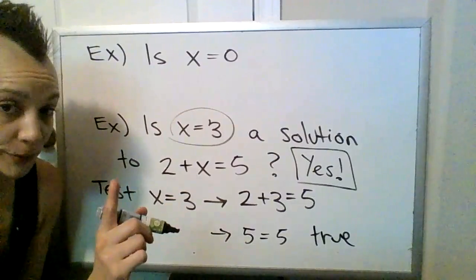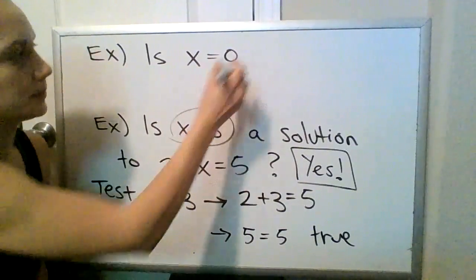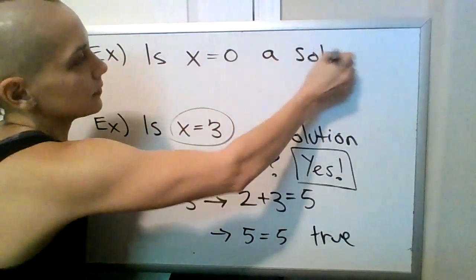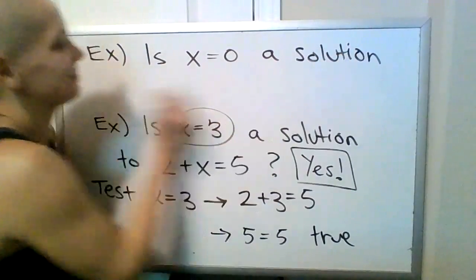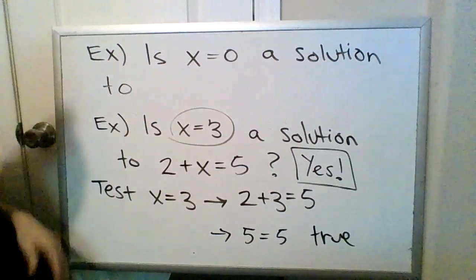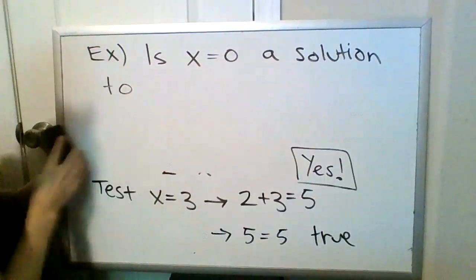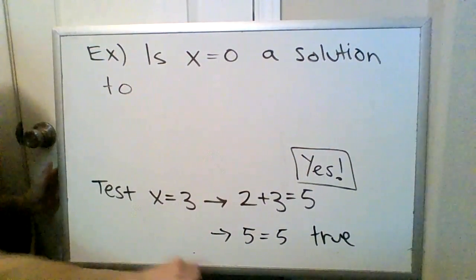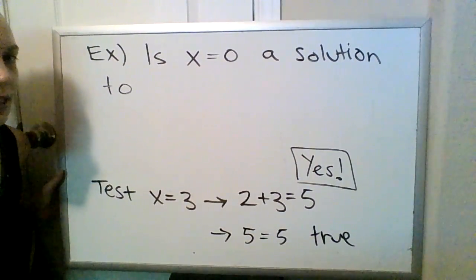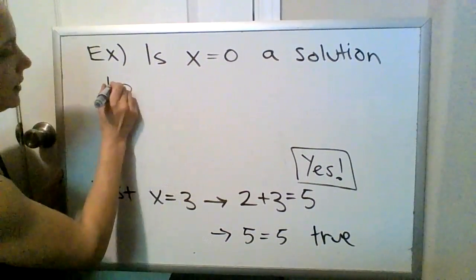Is x equal to 0 a solution to x minus 1 equal to 4?